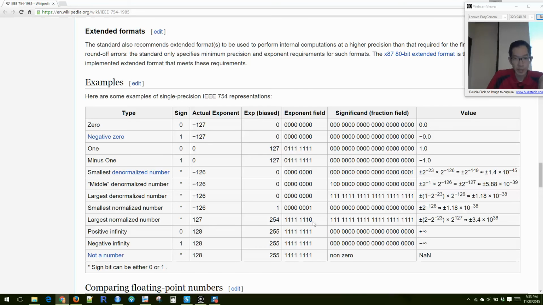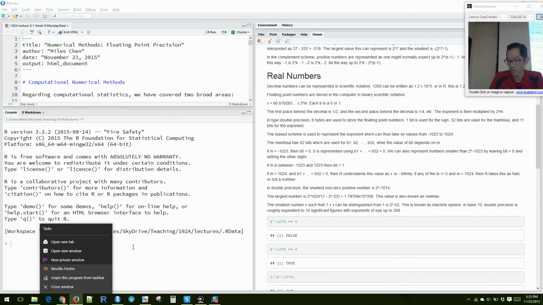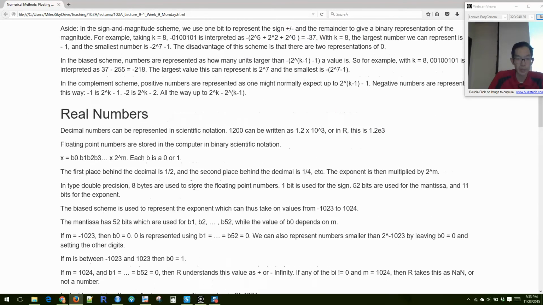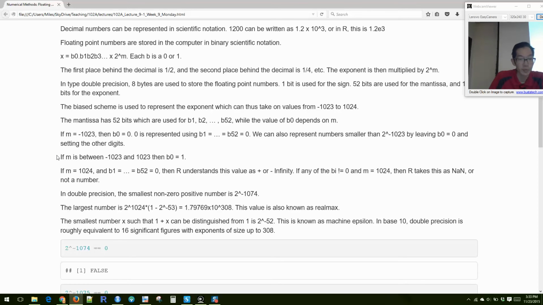So pretty much when we're dealing with real numbers here, anytime you've got a number where the exponent for the 2 is between positive or negative 1023, then the first digit in the mantissa is going to be a 1.